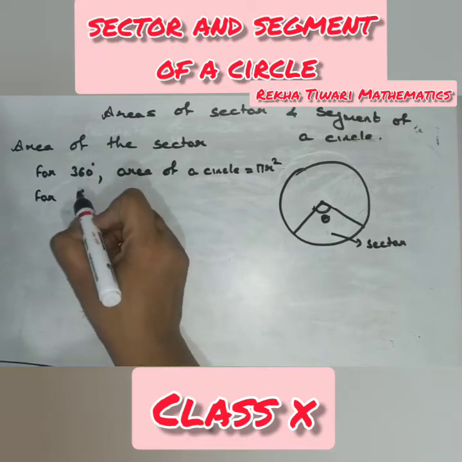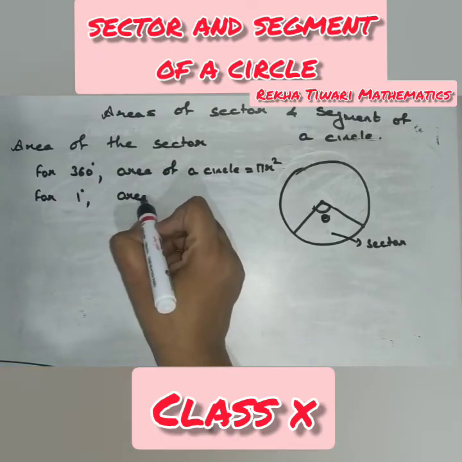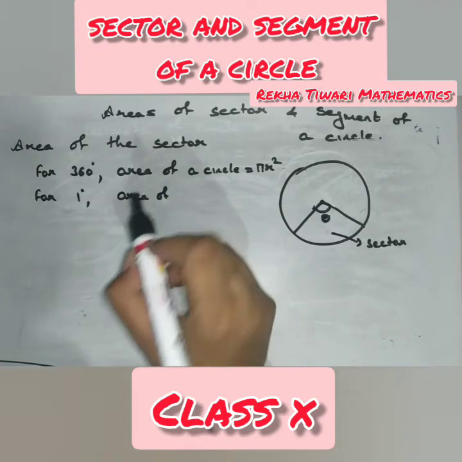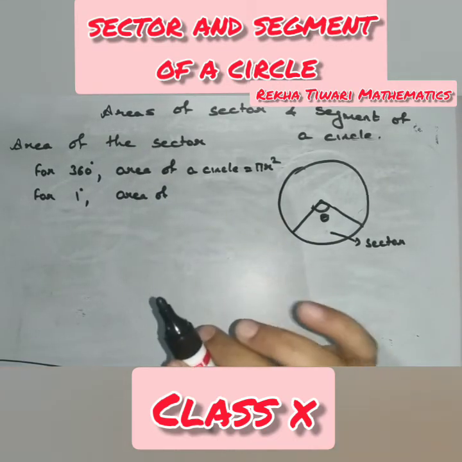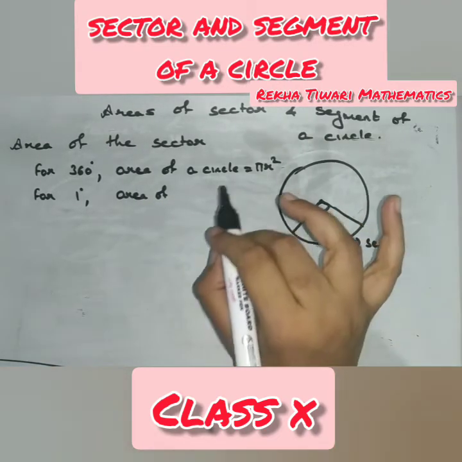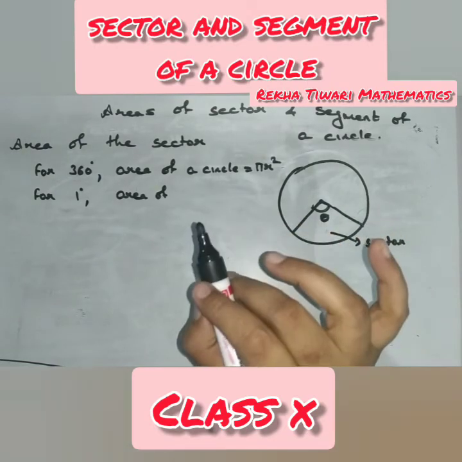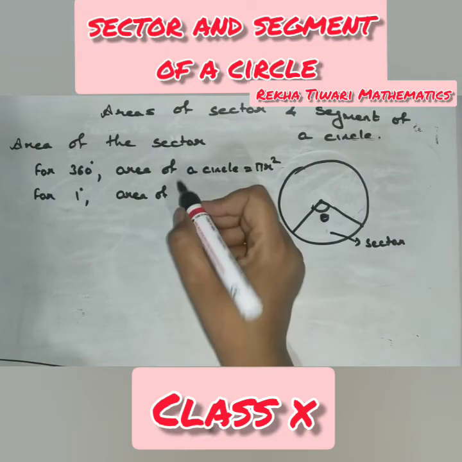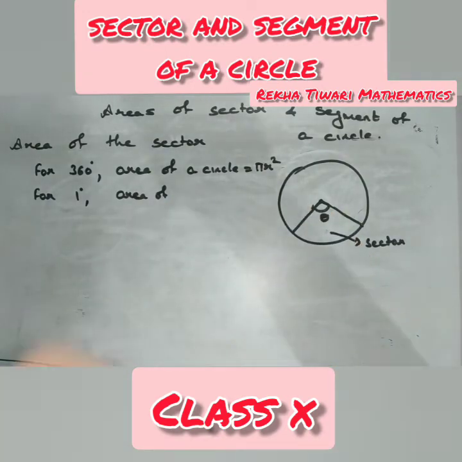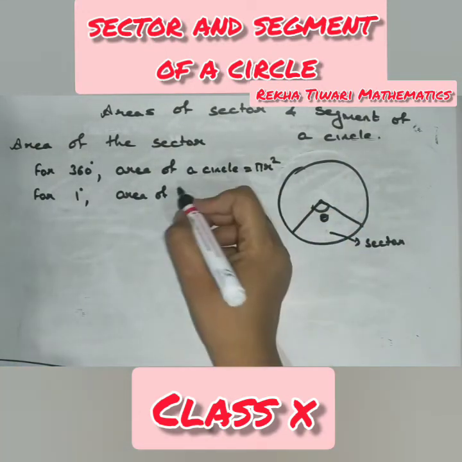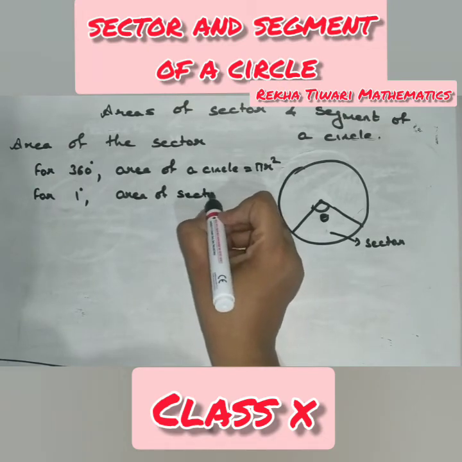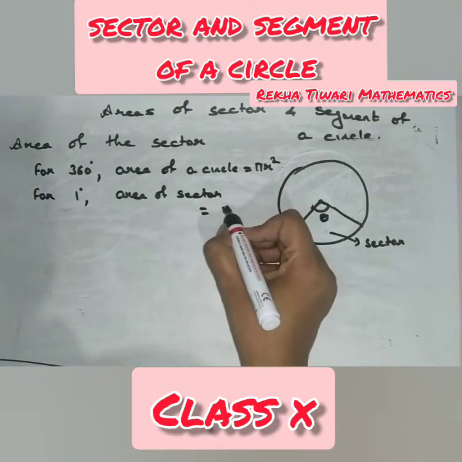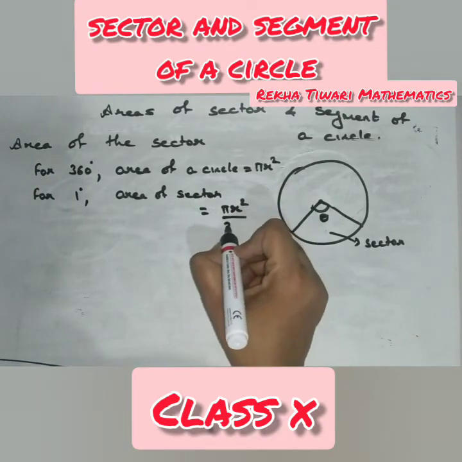Use unitary method. For 1 degree, area of, now I will call it a sector, not the circle, because in 1 degree, it becomes a part of the circle. And part of the circle is called the sector, which is bounded by two radii. So area of sector is equal to pi r square upon 360.